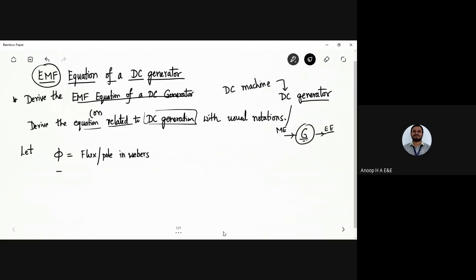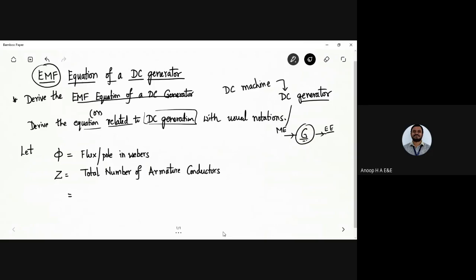Now, what is Z? Z is the total number of conductors, which is nothing but the total number of armature conductors.